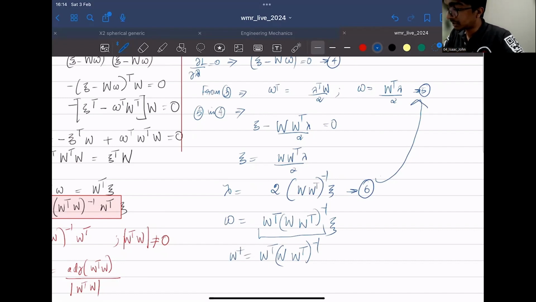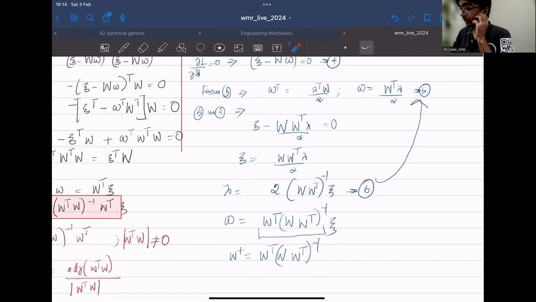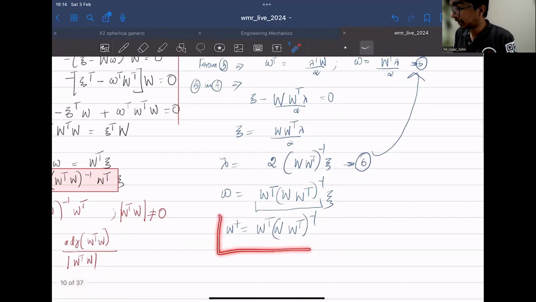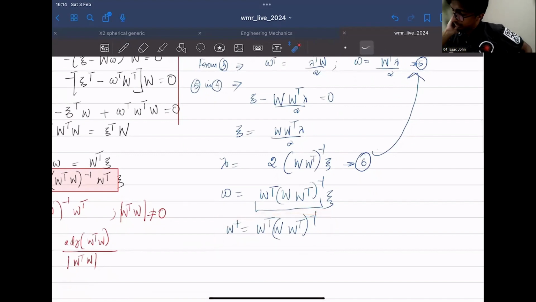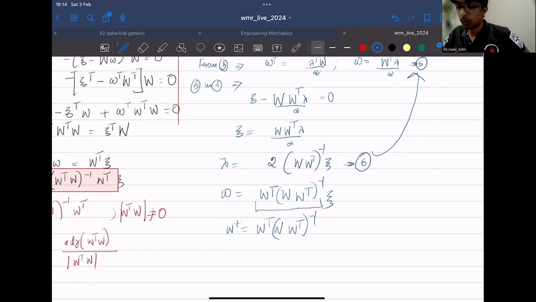So if the system is underspecified, or if the number of equations is less than the number of unknowns, you will have to take the right inverse to solve the system of equations. And the right pseudo inverse will only exist if, just like how we did the last time, the inverse of W transpose exists, meaning the determinant of W transpose should not be 0.